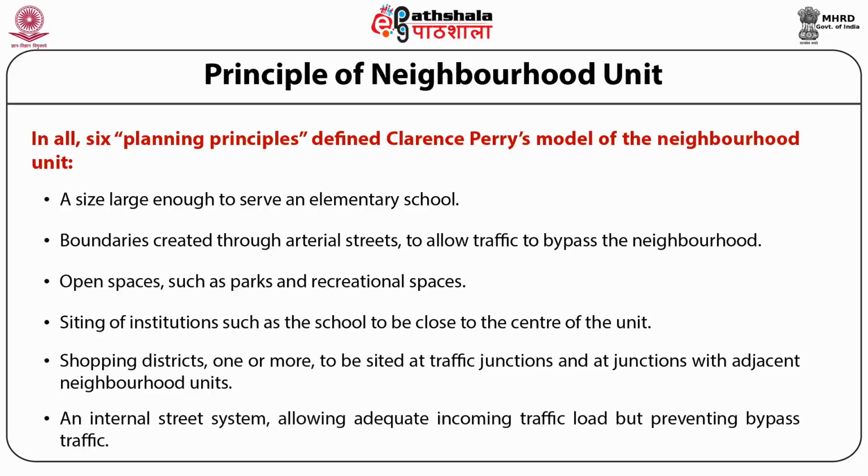Starting as a tentative concept in the late 1920s, Perry's ideas coalesced into a more rigid formula by 1939. In a book titled Housing for the Machine Age, he defined standards and principles for adoption in varying topographies by physical planners. Two sets of criticism are especially relevant for the Indian incarnation of the neighborhood unit.